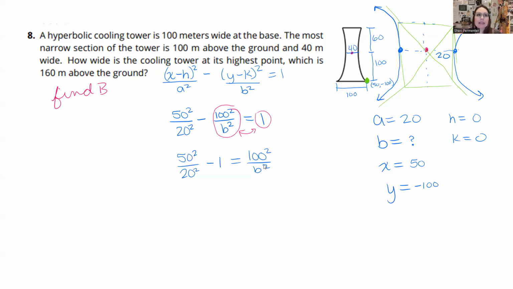From here, I need to get b squared isolated, and the only way to do that is to multiply it over here, but I have stuff over here. So I'm going to switch places again.